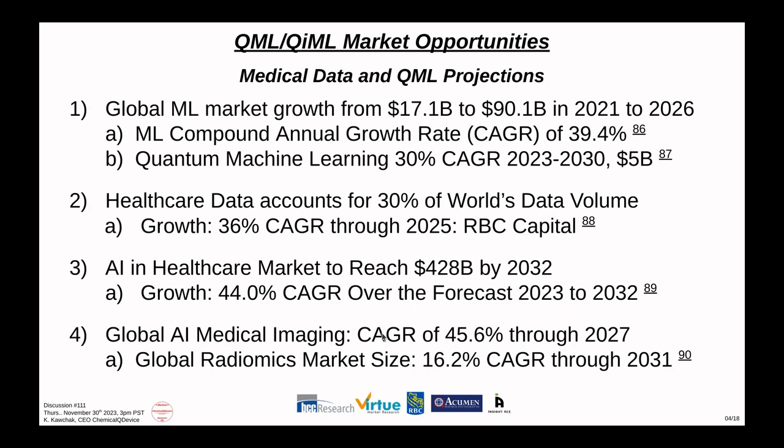Radiomics is something I see QiML having a good opportunity to penetrate pretty well. There are a number of algorithms that are going to take more RAM or more resources to run at a similar speed. But we'll see what quantum processing does for radiomics.